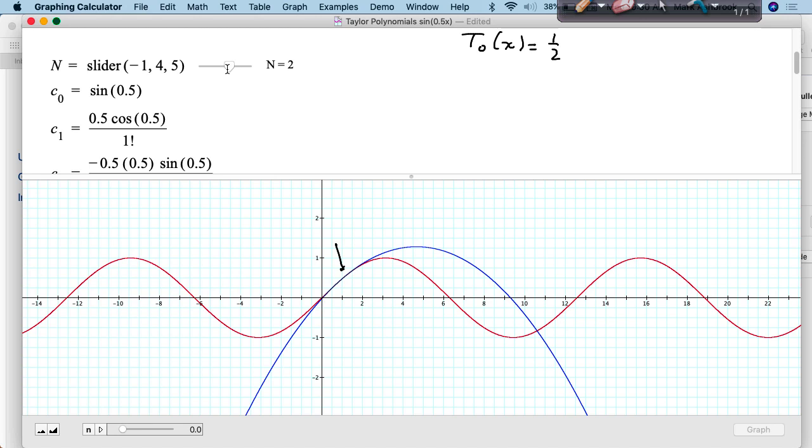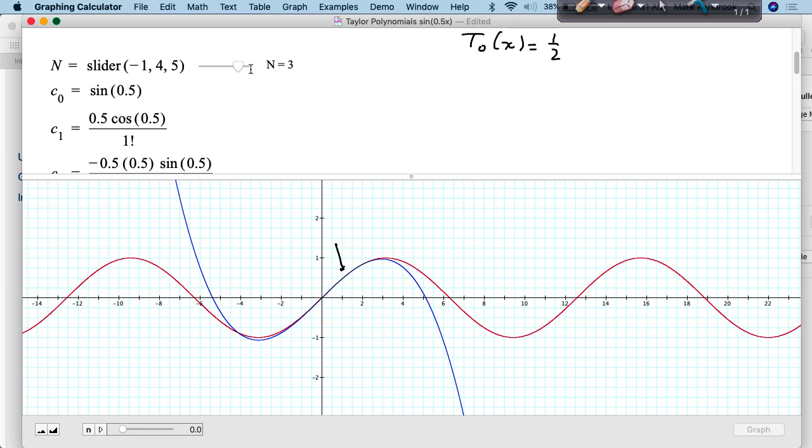And so now you see it's starting to do a good job around 1, centered at 1. All right, next, the T3 polynomial. It gets the third derivative and all previous derivatives right and the function value. So now, look, it's starting to really match the function really well close to 1, but for wider and wider intervals.